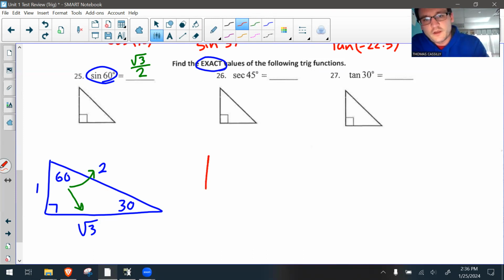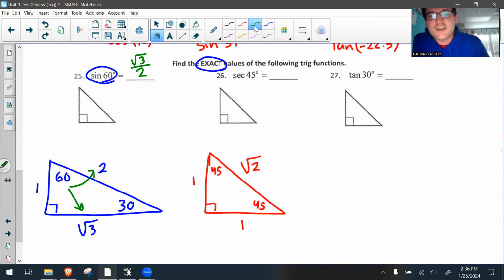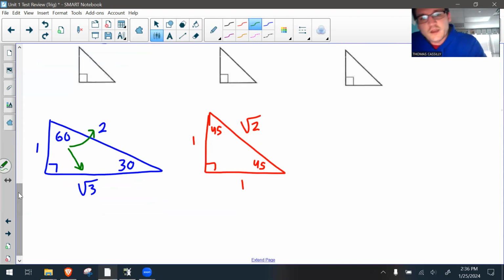Right? The next one, they want the secant of 45. So I'm going to make a 45, 45, 90 triangle. It's going to be a unit triangle. So side length of 1, side length of 1, side length of square root of 2. Now, secant, I can never remember what goes with the secant, but I know secant goes with the cosine, and the cosine is the adjacent over the hypotenuse.